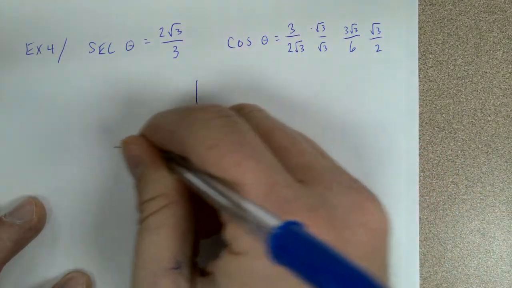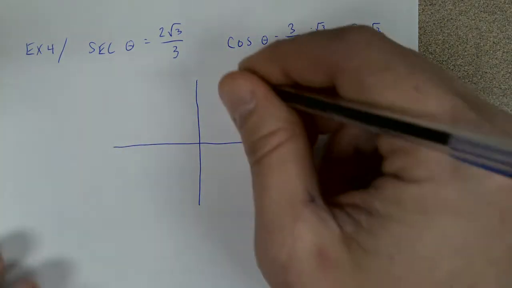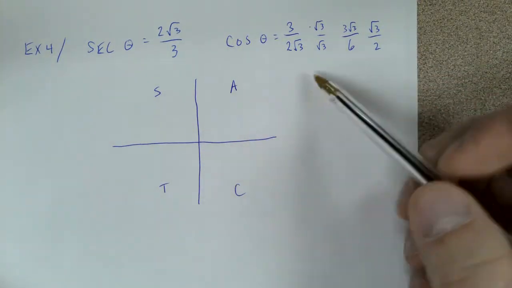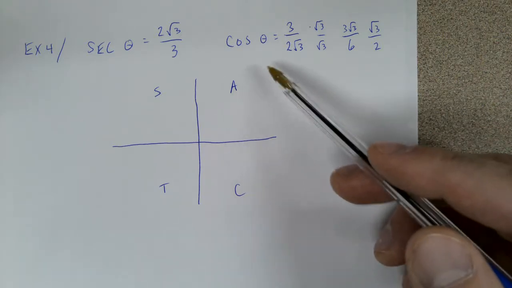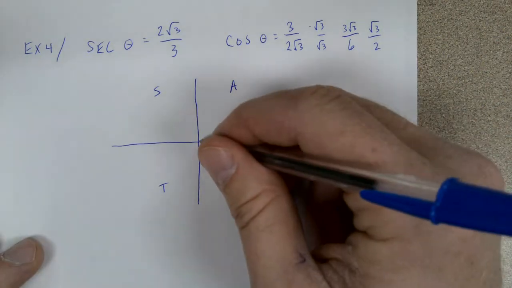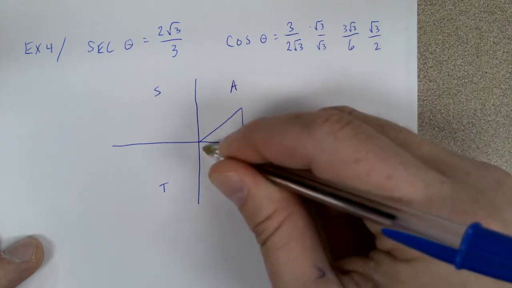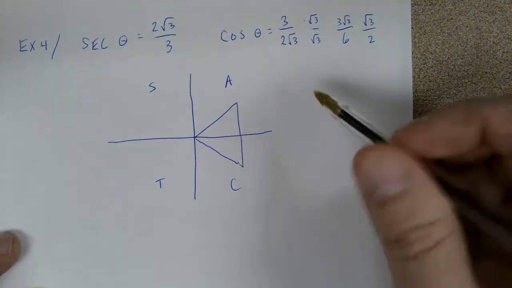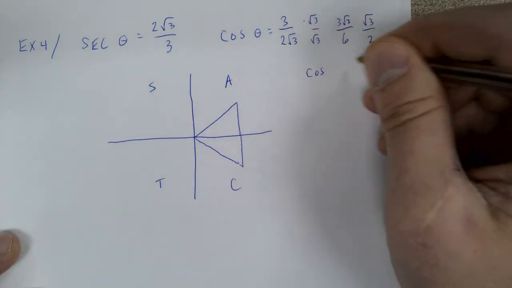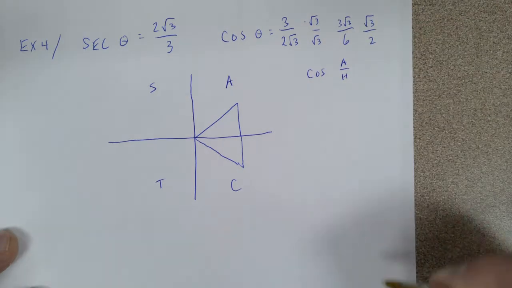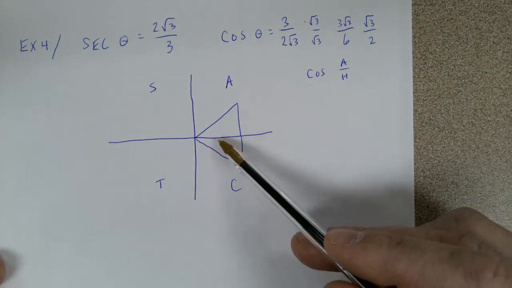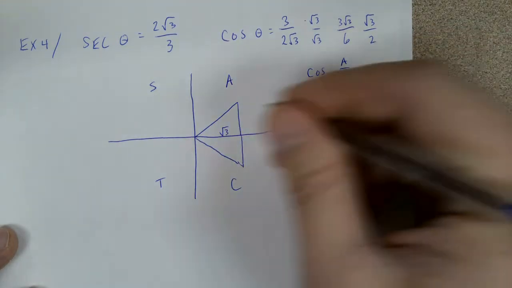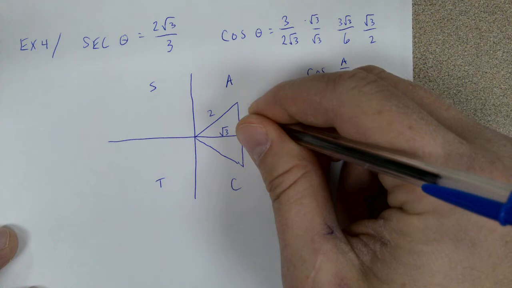If I think about which quadrant I'm going to be in here, again, my little saying, all students think college. Cosine is going to be positive in the first quadrant, and positive in the fourth quadrant. Cosine is adjacent over hypotenuse, so adjacent is going to be radical 3, and the hypotenuse is going to be 2, which makes this a 1.